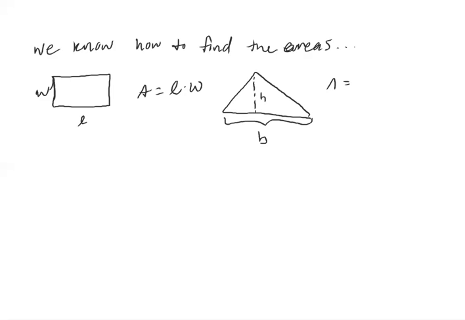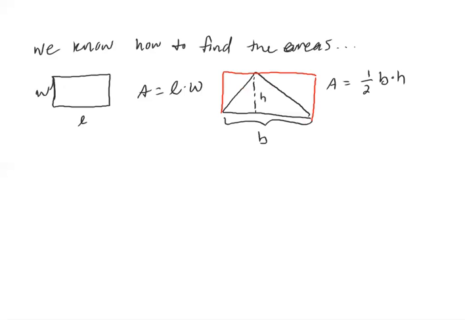A, I would find by taking half of the base times the height, which comes from knowing the area of the rectangle that triangle is contained in. If I take half of the area of this rectangle, which I'm showing in red, then I get the area of the enclosed triangle. So that leads back to the area of a rectangle.